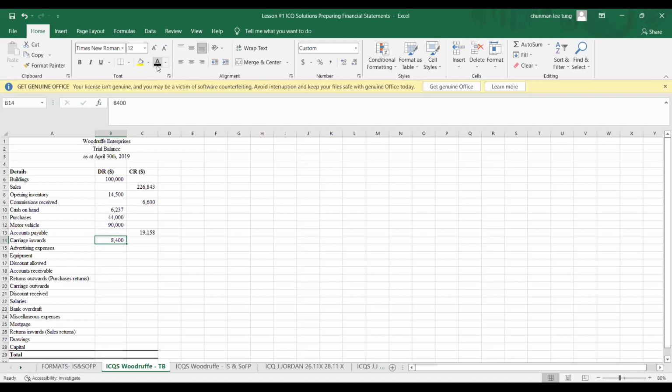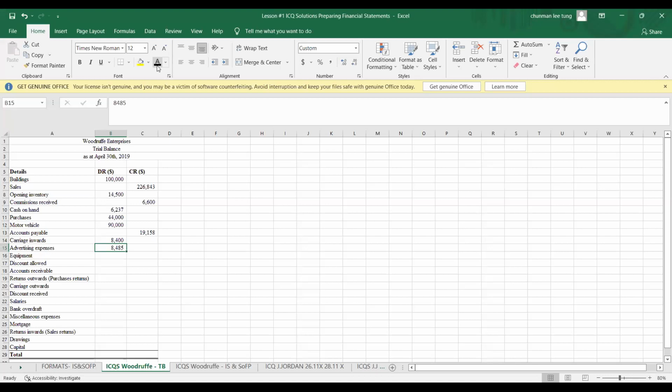Good. Advertising expenses. Advertising is an expense, and very good, Sahara, Brittany, Carissa, I'm seeing you giving me the answer of a debit balance for advertising. So advertising, which is an expense, all expense accounts have debit balances.